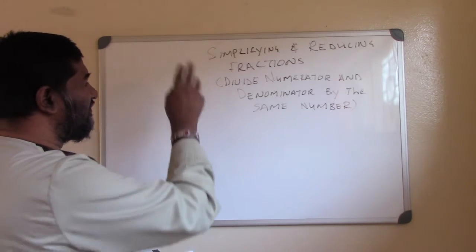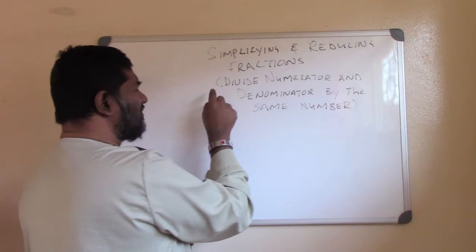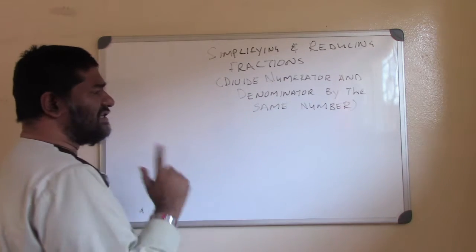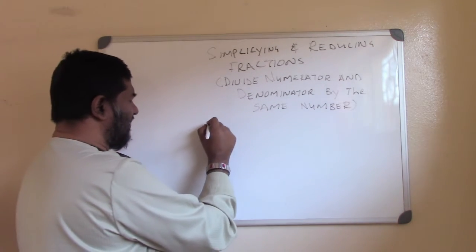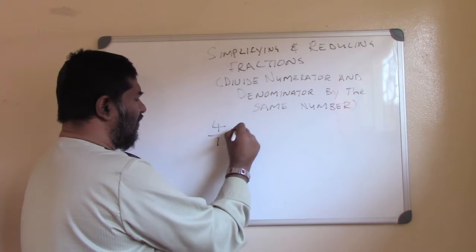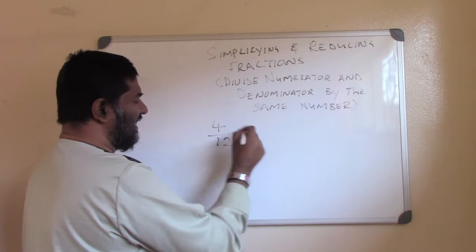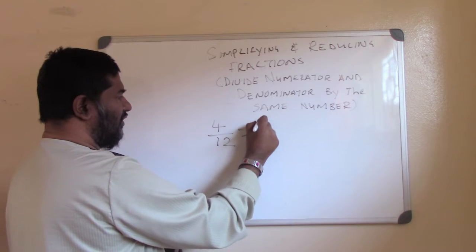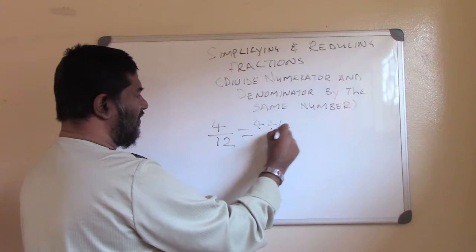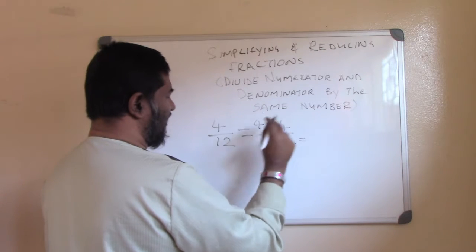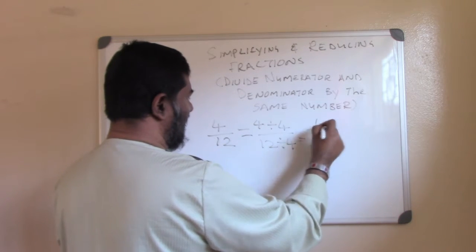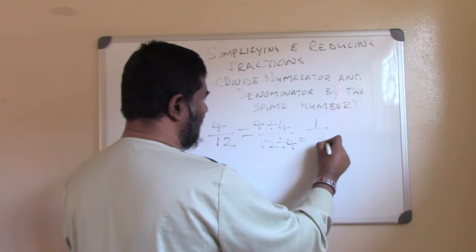Simplifying and reducing fractions. What we're going to do here is divide the numerator and the denominator by the same number. Now let's take an example, 4 over 12. I will say 4 divided by 4 and 12 divided by 4. 4 divided by 4 gives me 1. 12 divided by 4 gives me 3.